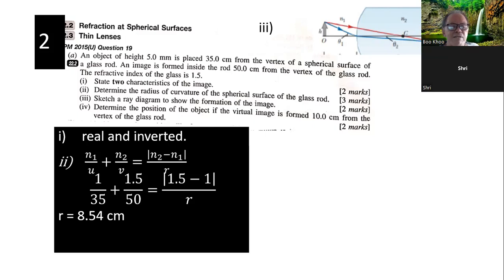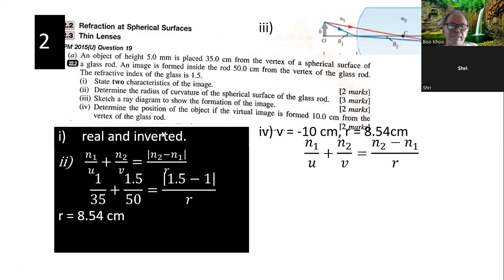Determine the position of the object if the virtual image is 10 cm from the vertex of the glass rod. Okay. Right now, what is required? What is given? I told you virtual image. So you put minus 10 cm. Radius is that.